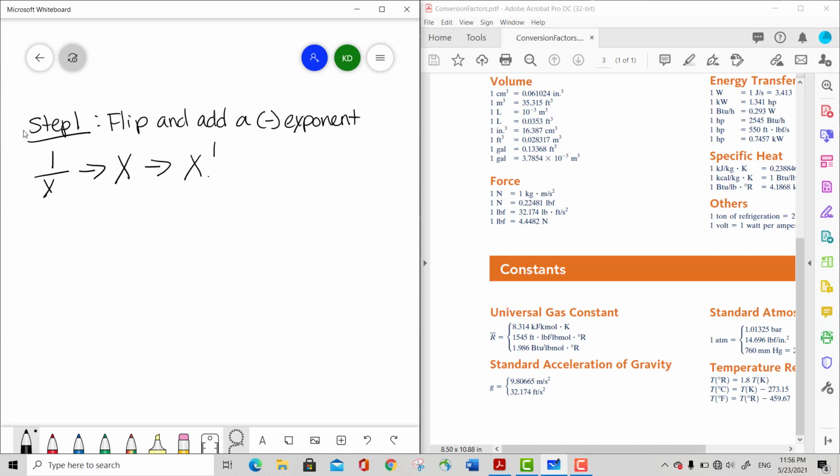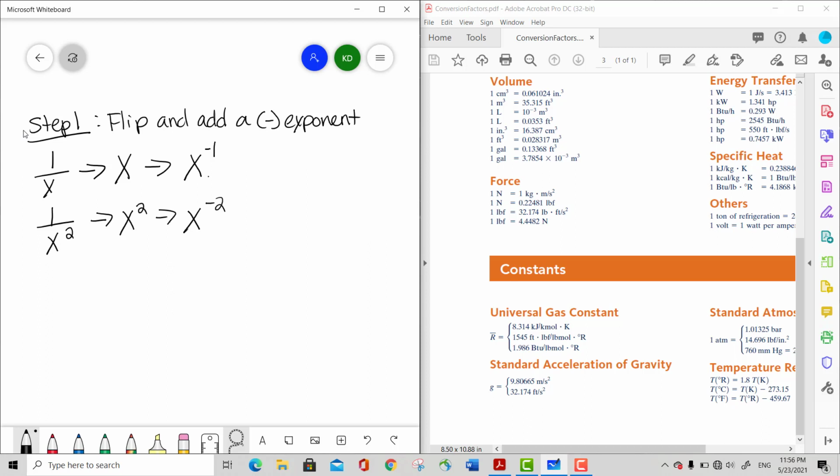We know that there's an understood 1 up here, we're just going to put a negative. So that's all that means. You flip it, add a negative to the exponent. And let's do one that has an exponent other than 1. So it'll be x to 2, and then x negative 2.